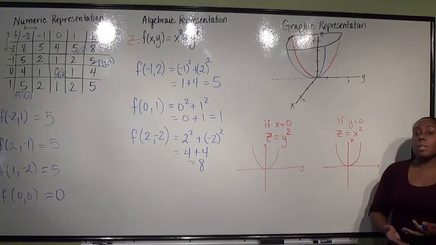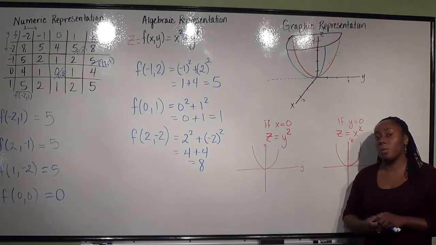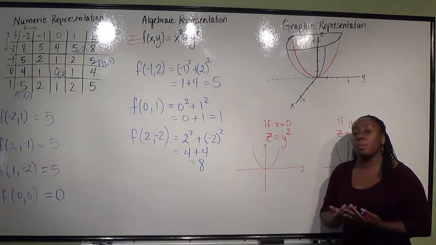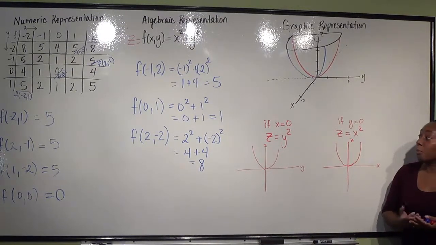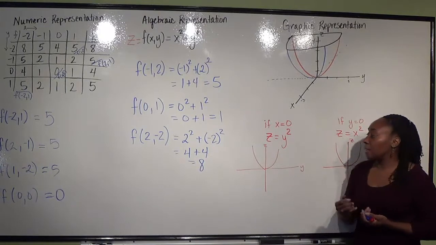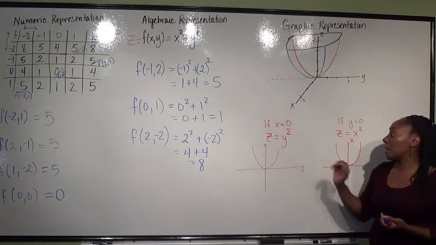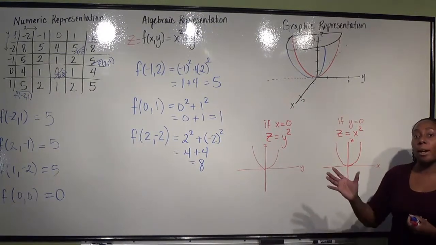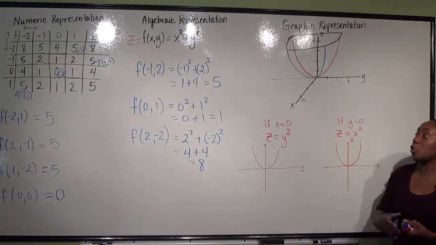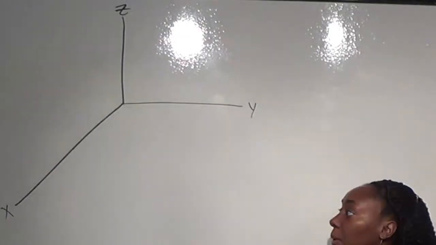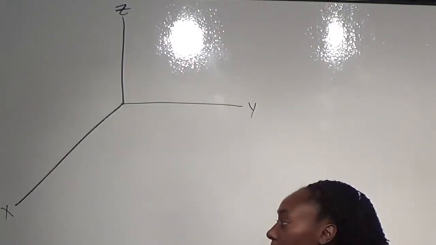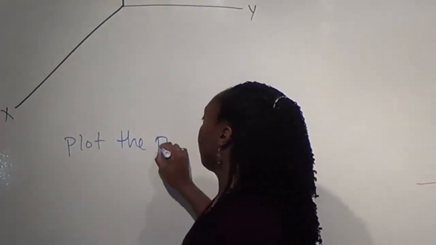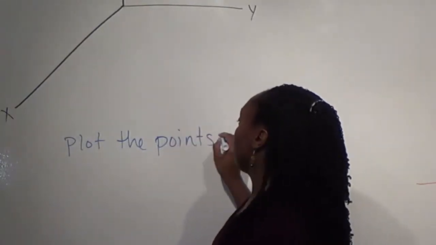Now, what does this mean in terms of what you're going to be asked to do? On the homework, and possibly on an exam, you're going to be asked to do some point plotting of three-dimensional objects. That doesn't mean actually graphing the entire picture like we did here. It just means being able to figure out where particular points actually lie. So for example, if I'm looking at my three-dimensional coordinate system, we want to plot the following points.